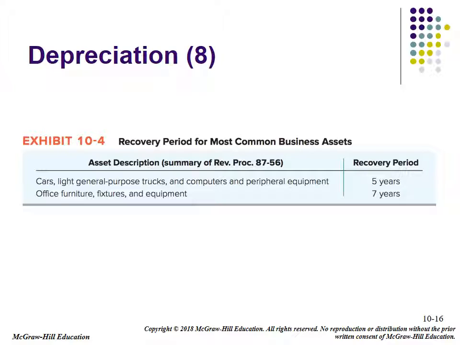That's the recovery period. Office furniture, fixtures, equipment, machinery, all of those things are 7-year. Okay, so those two lives are the most heavily used when depreciating business assets because most of them fall within those two lives.